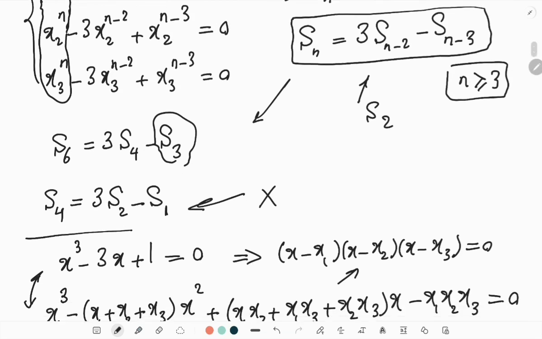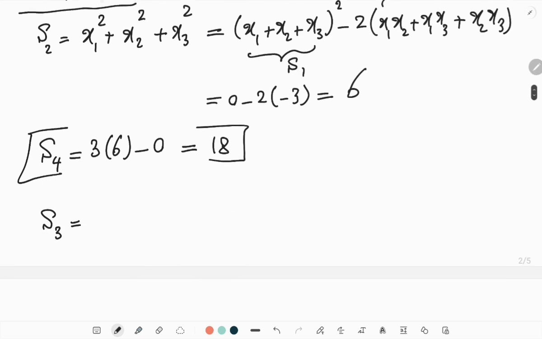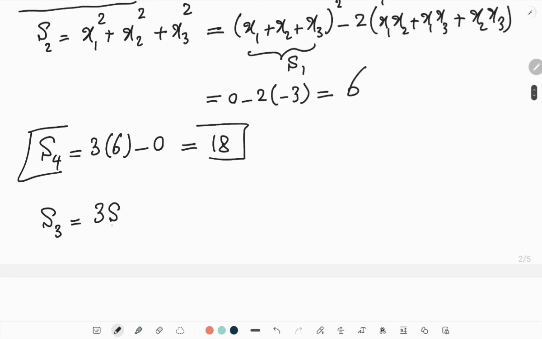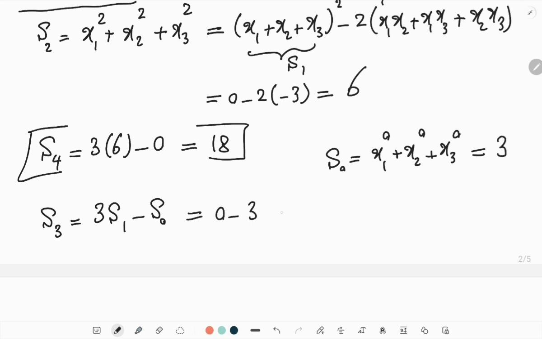So it is nothing but 3 S1 minus S0. But S1 is 0, we already know, and S0 is the power 0 of all the roots. So basically it's x1 to the power of 0 plus x2 to the power of 0 plus x3 to the power of 0, which is basically 3. Then this is 0 minus 3, and this is minus 3.